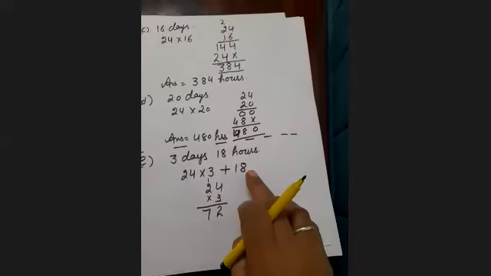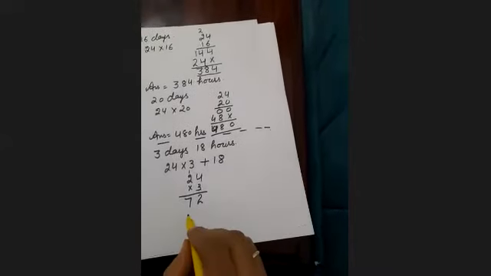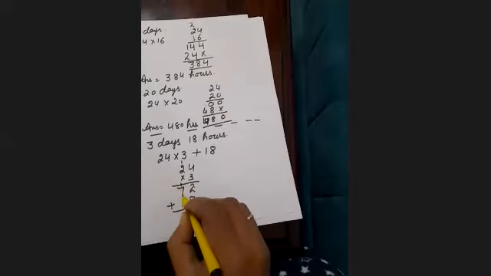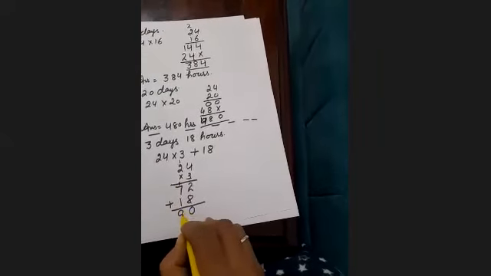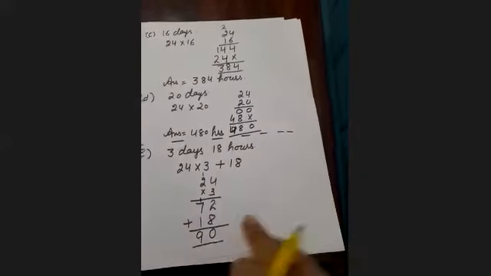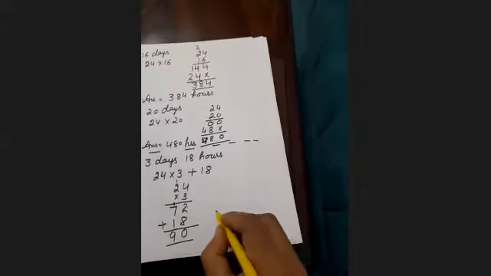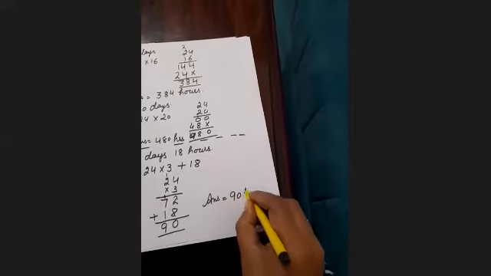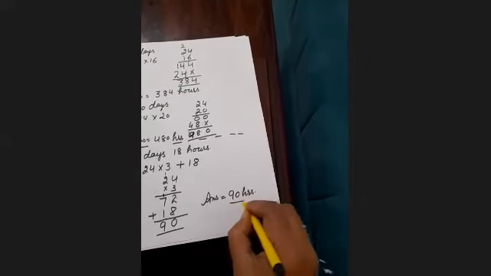Now, students, add 18 as it is. 8 plus 2, 10. 7 plus 1, 8 plus 1, 9. So, students, your answer is 90 hours. Clear, students?